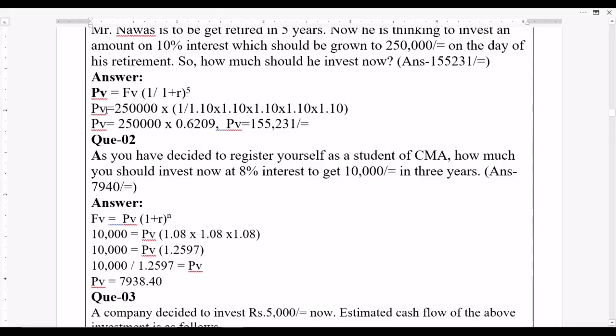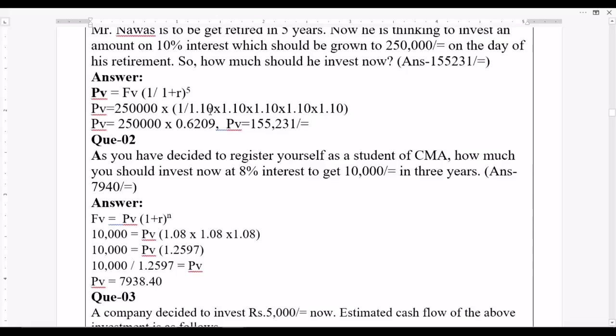So present value equals future value. Future value is 250,000, because in 5 years he should get 250,000. So this is the future value times 1 upon 1.10. How did we get this 1.10?